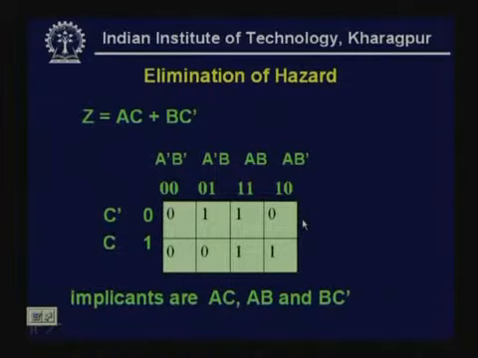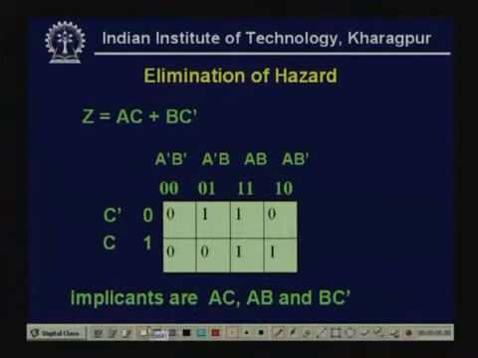Now, see, again here we consider the Karnaugh map. Earlier we have seen this is AC plus BC bar. This is one couple which represents the BC dash, this is one couple which represents the AC.